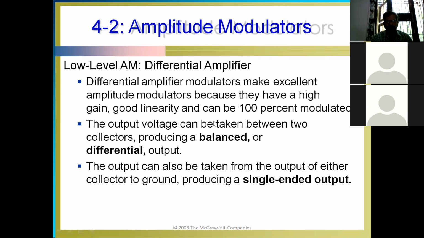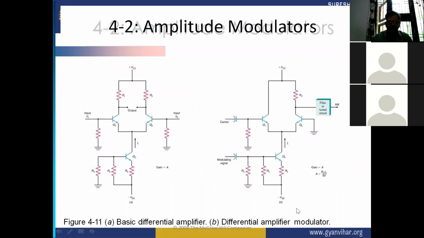The output voltage can be taken between two collectors producing a balanced or differential output. So this is the basic differential amplifier circuit diagram for the differential amplifier modulator.